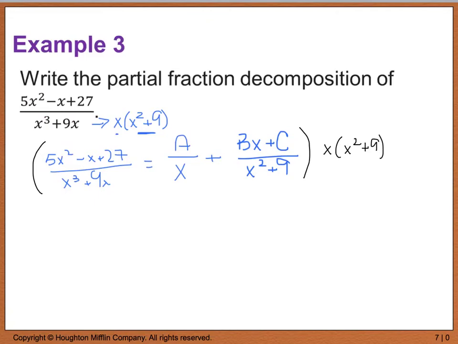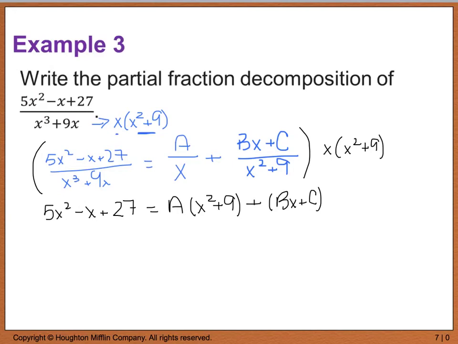When I distribute that, I'm going to be left with 5x squared minus x plus 27 is equal to, my x's will cancel out with the a, so I have a times the quantity of x squared plus 9, plus bx plus c, and I would highly suggest that you put that in parentheses so that you will remember to FOIL if you need to.